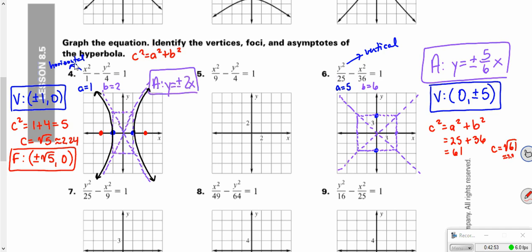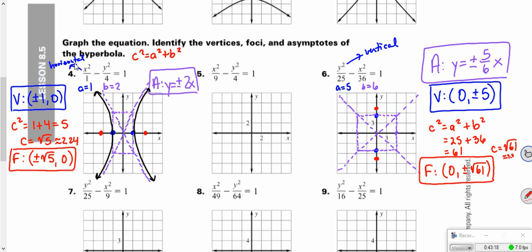I don't know if you can even see that. But let's go ahead and label my foci here. It's going to be 0, plus or minus square root 61. But if we go to plot it, it's 7.8, so somewhere around in there. Remember, we're counting by 3s.